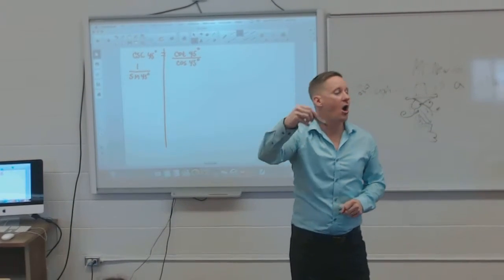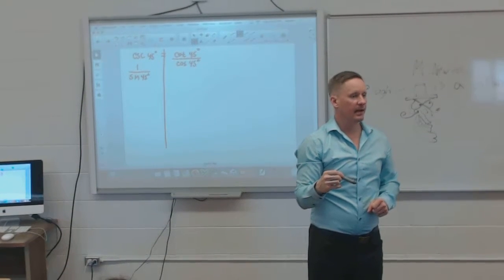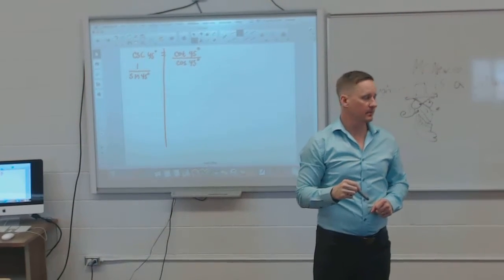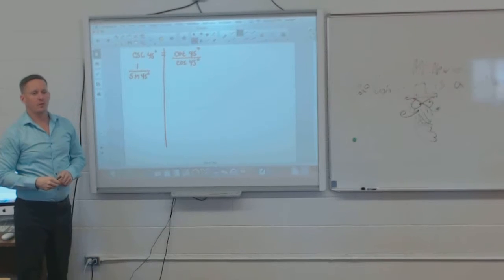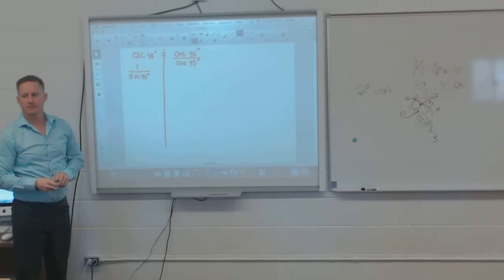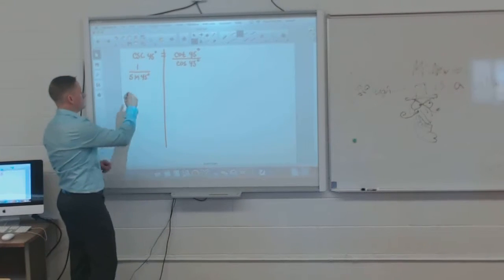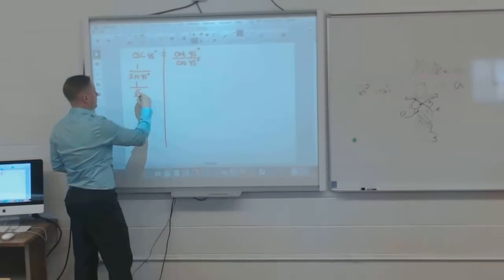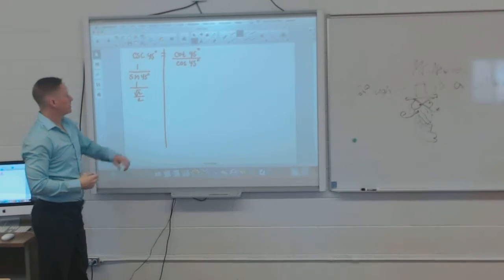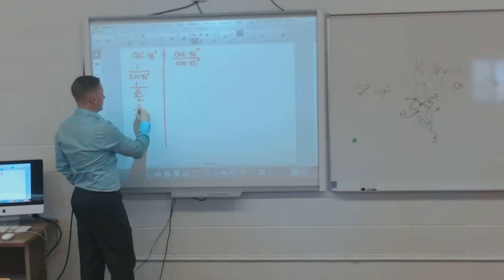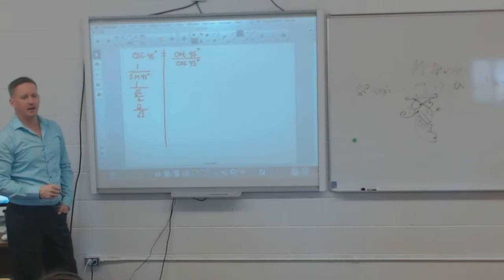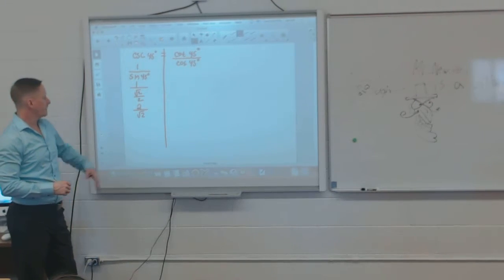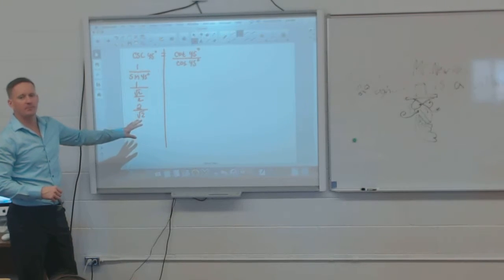It is 1 over all of sine 45. It's not sine of 1 over 45. What is the value of sine of 45 degrees? Root 2 over 2. So I have 1 over root 2 over 2, which, when I reciprocate, gives me 2 over root 2. I'll probably leave it there. If I were to rationalize it, it would give me square root 2. You don't have to overcomplicate things.